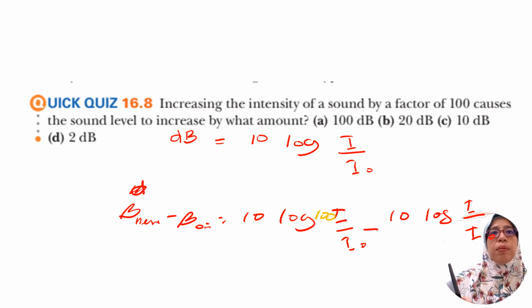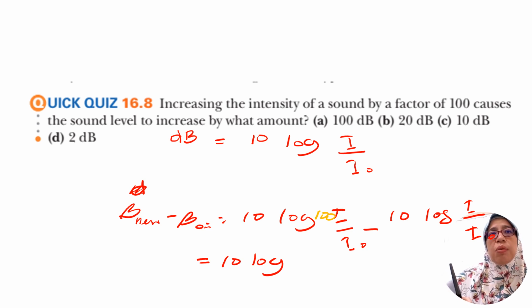Okay. So mathematically, when we have this log minus together, kita boleh buat factorization. Factorization dia akan berbunyi begini. 10 log, salin balik. Whatever the number here, akan bahagi dengan number ni.